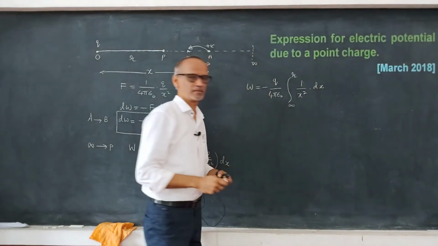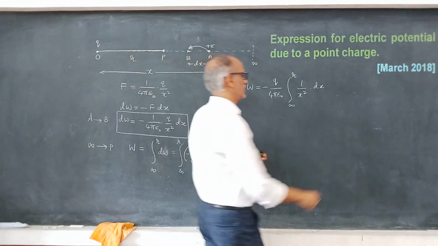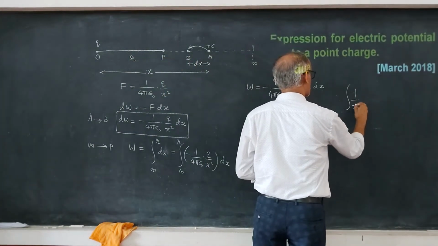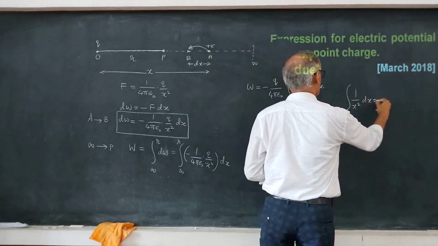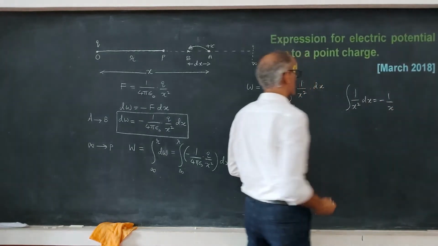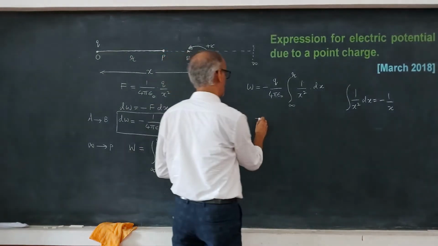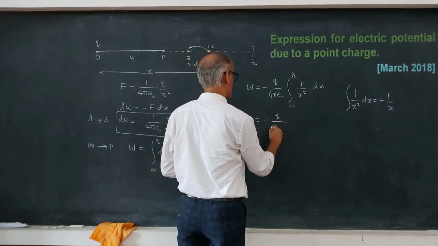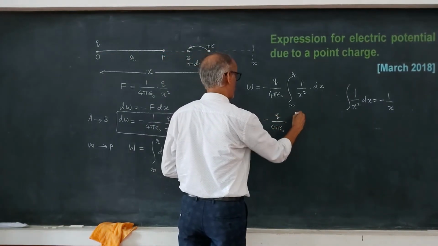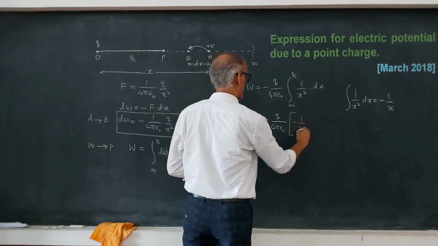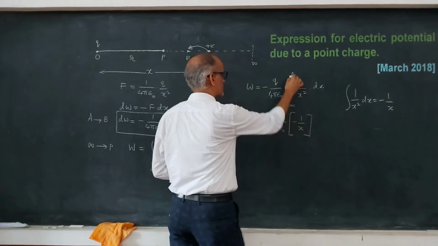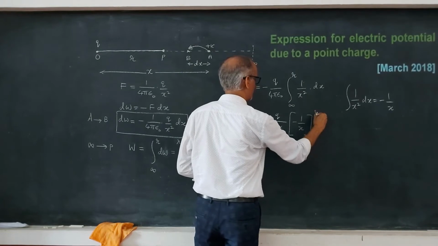Here we use one integration formula: integration of 1 by x square dx is equal to minus 1 by x. So, that is minus q by 4 pi epsilon naught, minus 1 by x, with limits infinity to r.